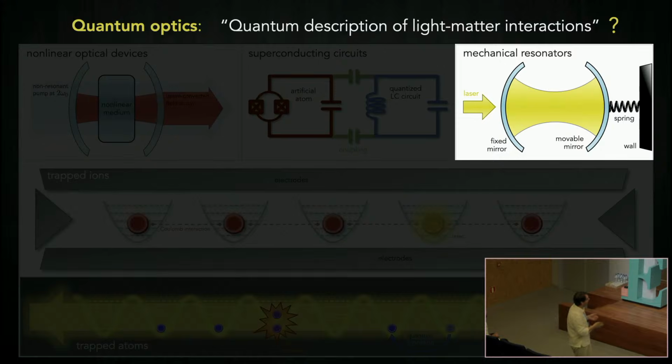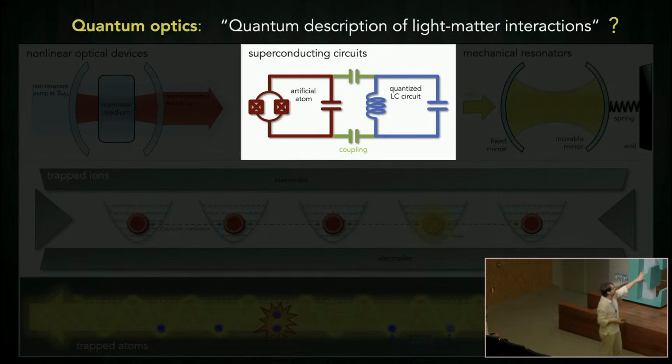And then finally, we have something that is nowadays very fashionable because it is the building block of the most advanced quantum computers, which are superconducting circuits. And in here, we don't have anything that resembles an atom, I mean physically, or light. Here we are talking about circuits, 100% circuits.